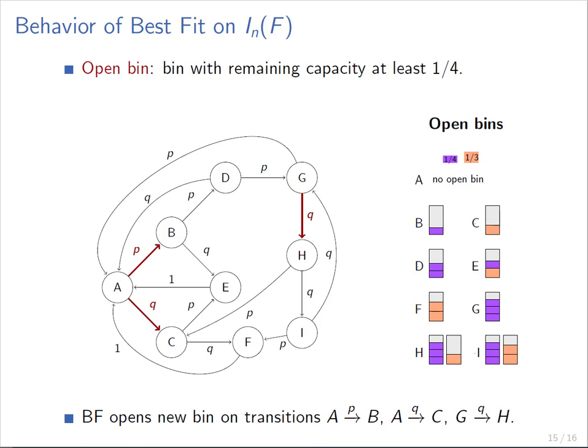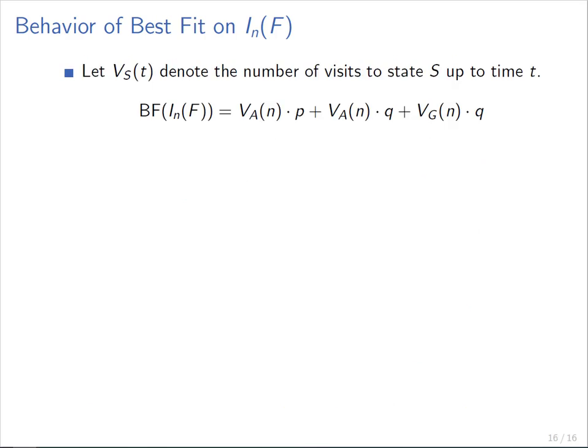Recall that we want to analyze the number of bins which are opened by best fit, and if we consider the state diagram more carefully, we know that this happens on the transitions from A to B, A to C, and G to H. So we can express the number of bins opened by the best fit algorithm in terms of the number of visits to some certain states.